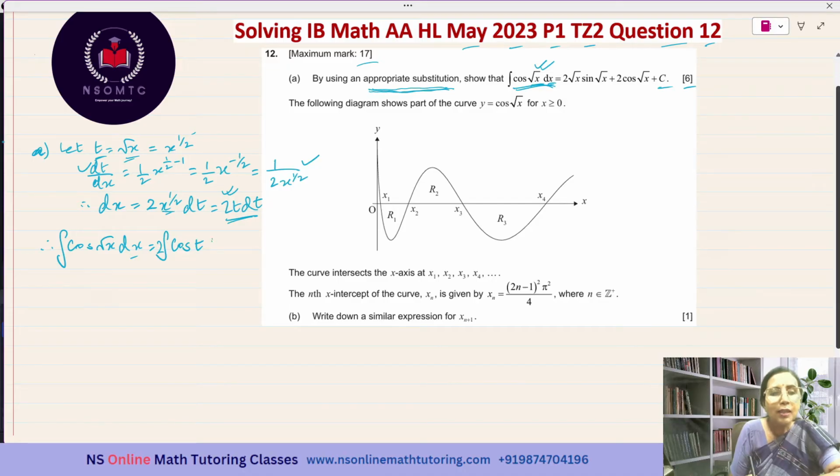Don't write it as cos t with the t's adjacent, because there is a high probability that you will multiply these two t's and write the integral of cos of t square, which is incorrect. It is the integral of t times cos t. So I am rewriting this as 2 times the integral of t times cos t dt with respect to t.